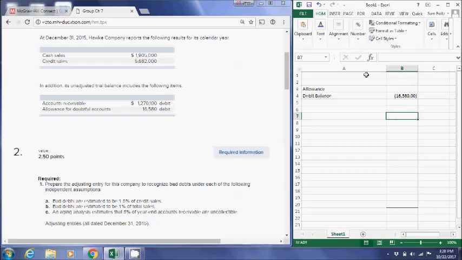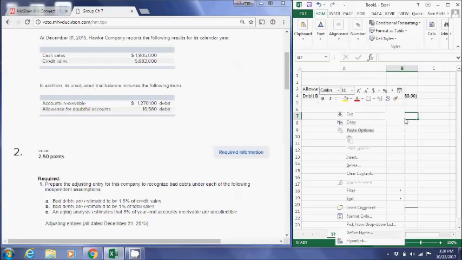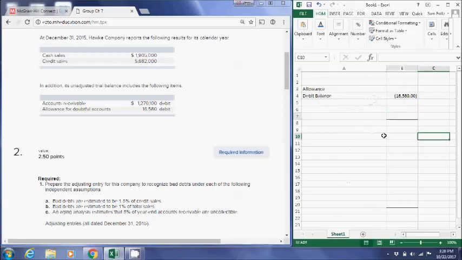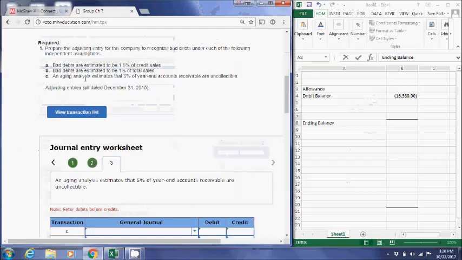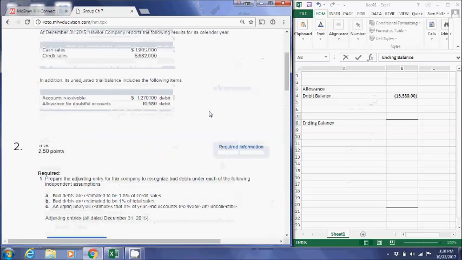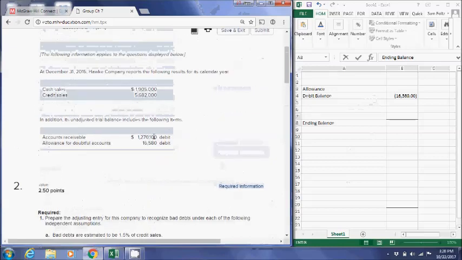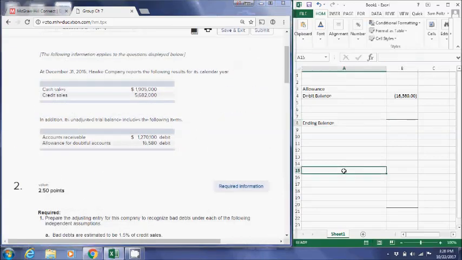And what this scenario is asking us to do is to show what we believe the ending balance should be. And it says an aging analysis estimates 5% of year-end accounts receivable are uncollectible. Well, here is accounts receivable. AR is $1,270,100, and we believe that 5% is uncollectible.